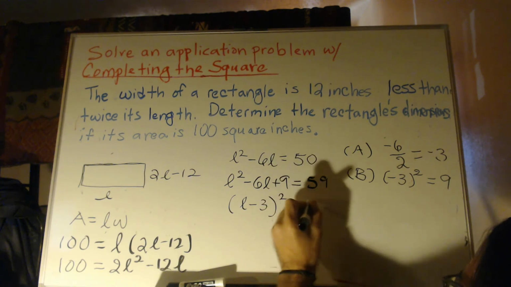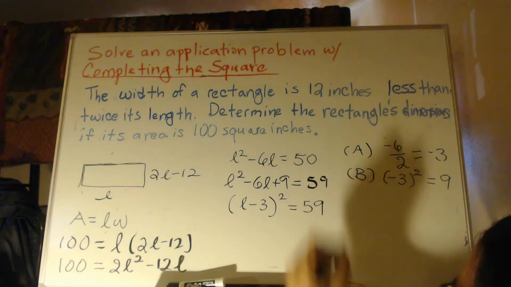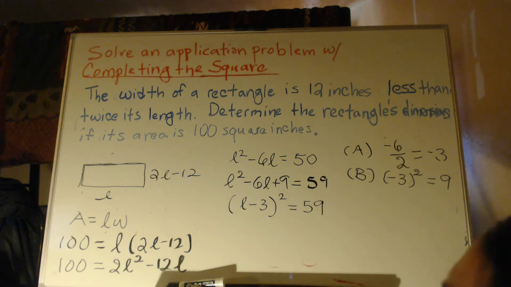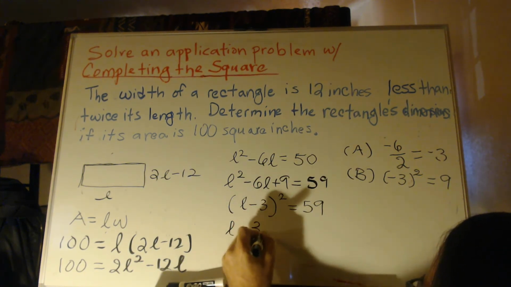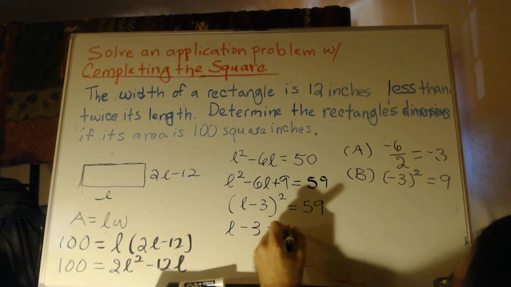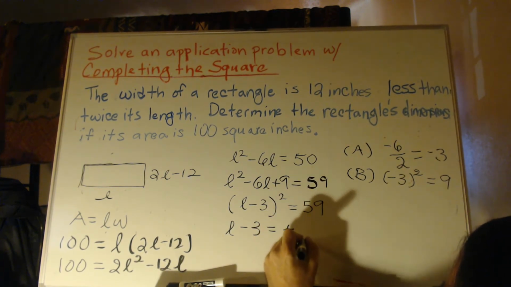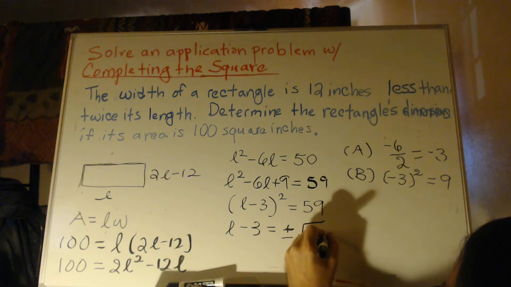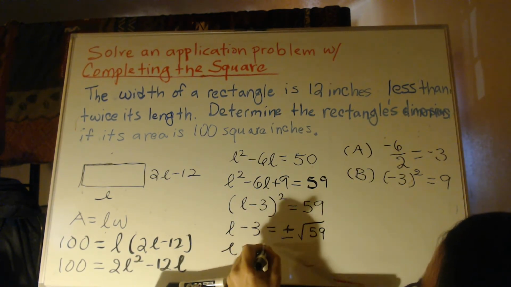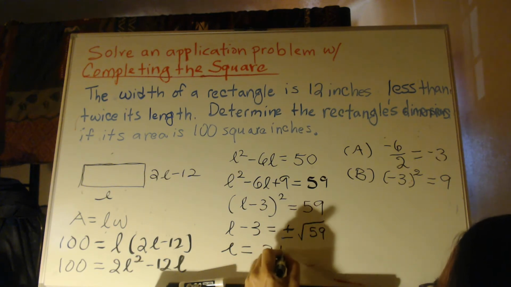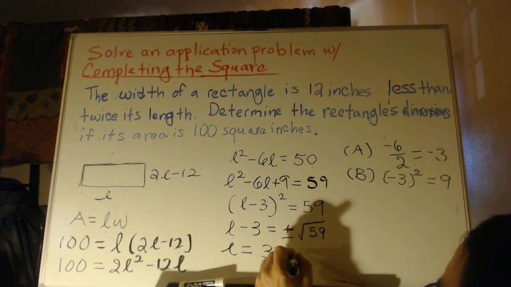Apply the square root property. It's going to cancel on the left. We don't want to forget the plus or minus. And so we get the length is either 3 minus the square root of 59 or 3 plus the square root of 59.